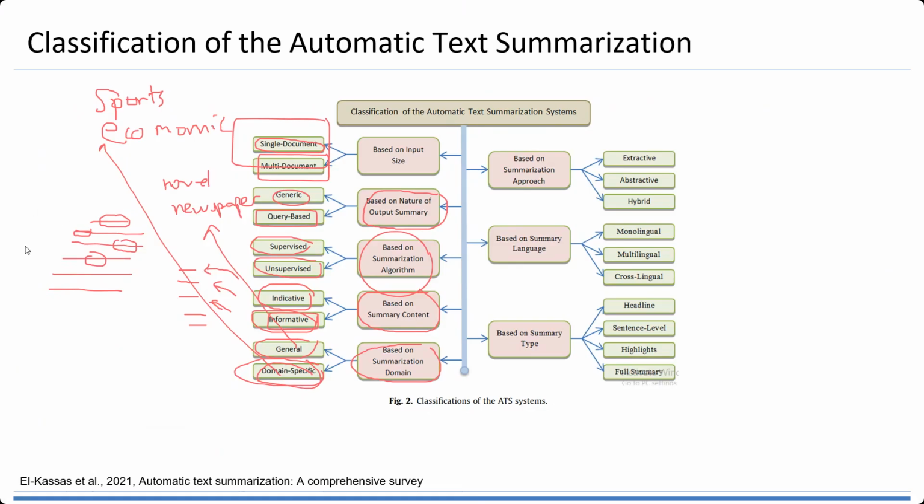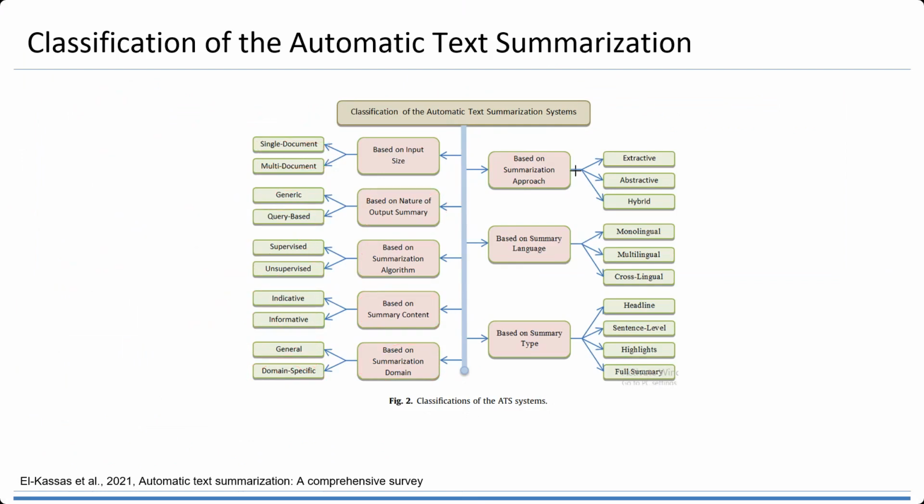For the approaches, there are several kinds. For example, you know the extractive, you know the abstractive, and actually we can also use hybrid. Hybrid means the combination of the two. And then we have monolingual. Monolingual means you want to summarize your stories based on only one language.